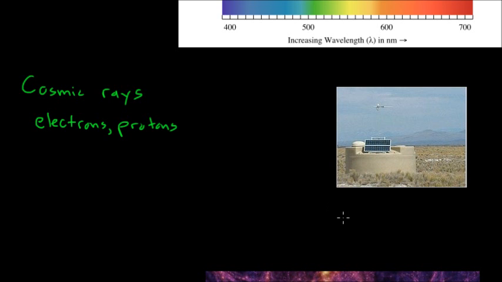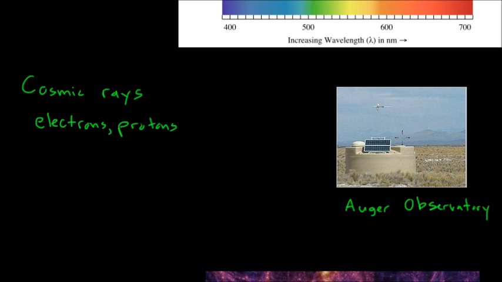And just as an example, I have a picture here of one of the tanks that are used in the Auger Observatory. In this experiment, there are 1,600 of these tanks spread over an area of 3,000 square kilometers in Argentina, I believe.